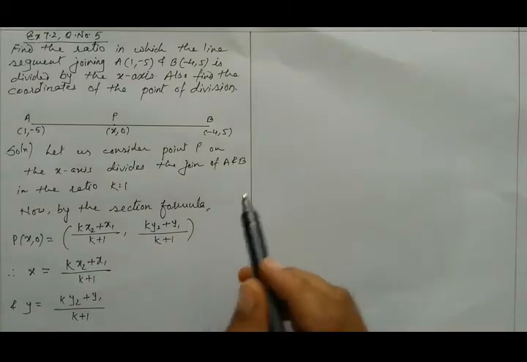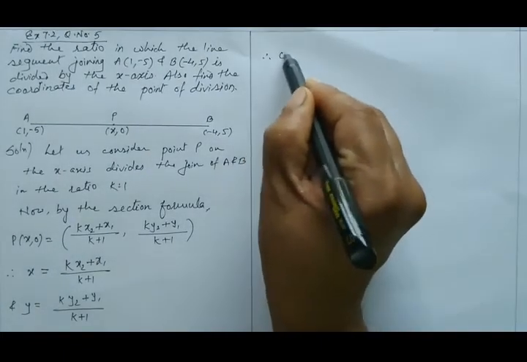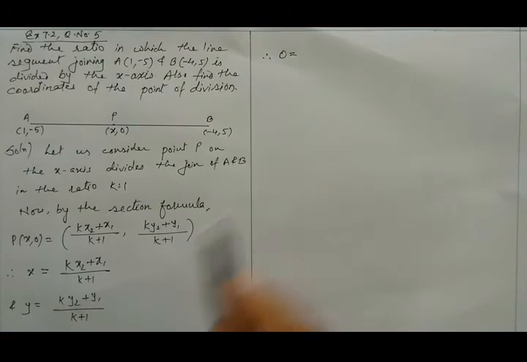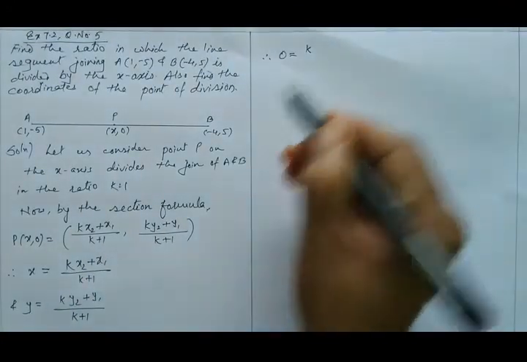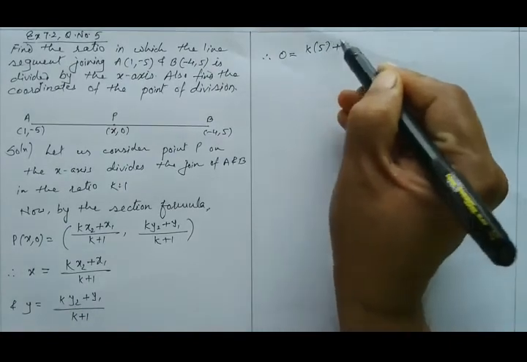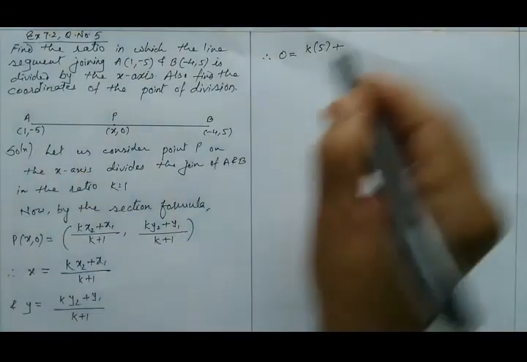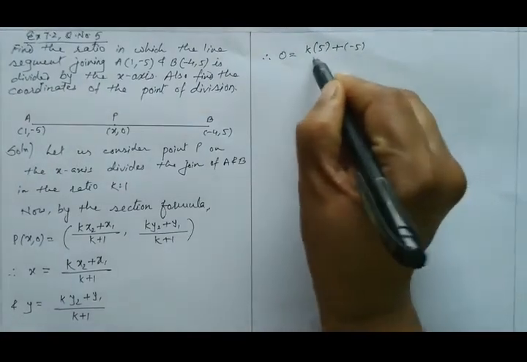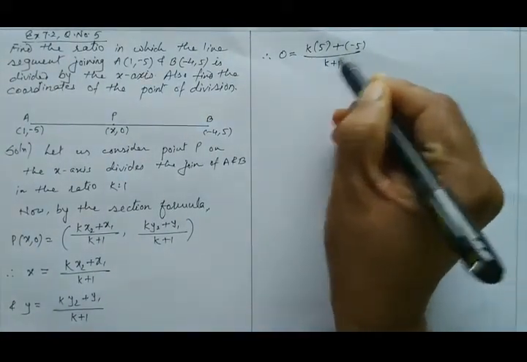The y coordinate is 0. So 0 is equal to k multiplied by y2, y2 is 5, plus y1, y1 is minus 5, upon k plus 1.